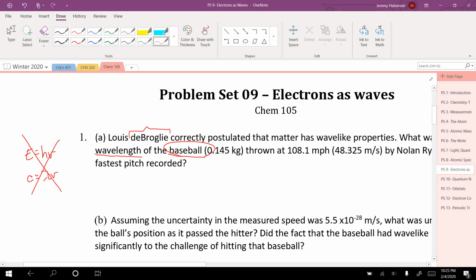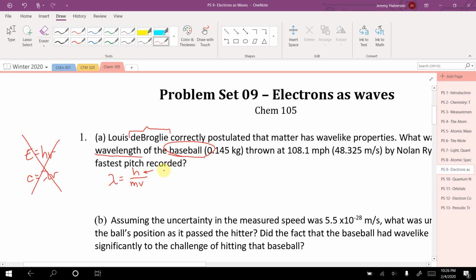The de Broglie wavelength equation says that the wavelength of something is equal to Planck's constant divided by mass times velocity of that thing. So let's talk about units real quick.